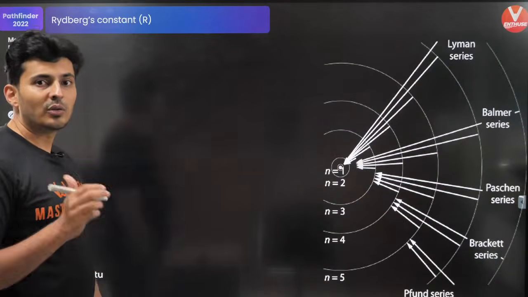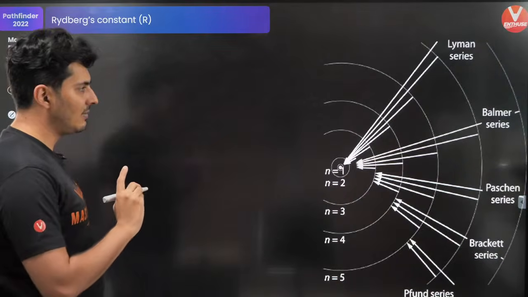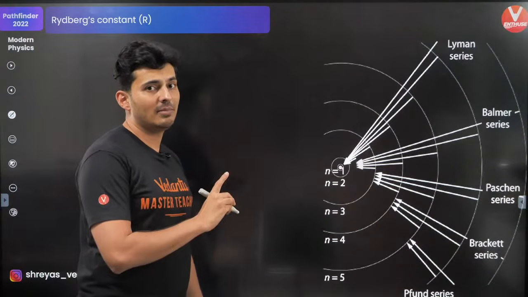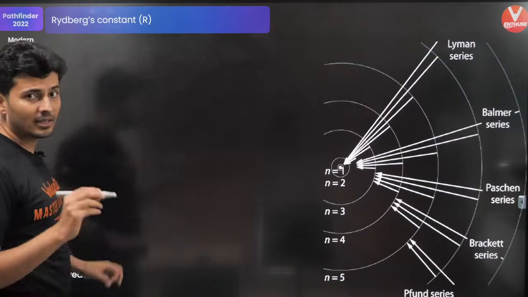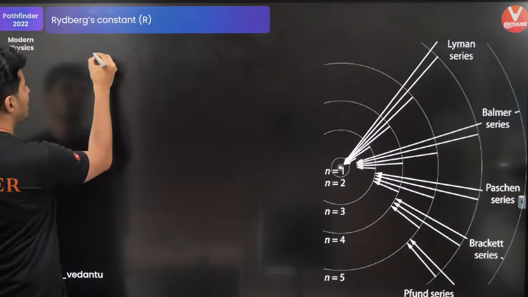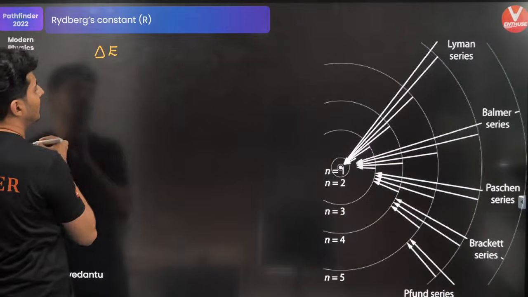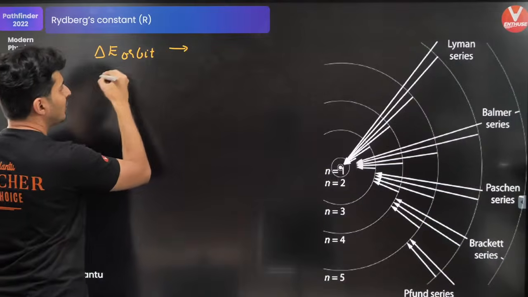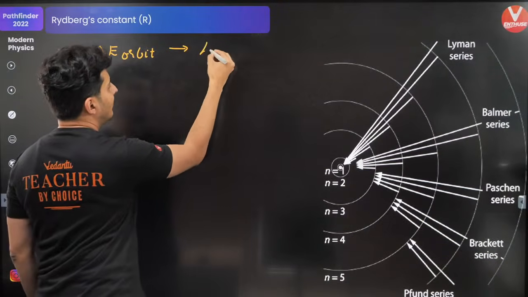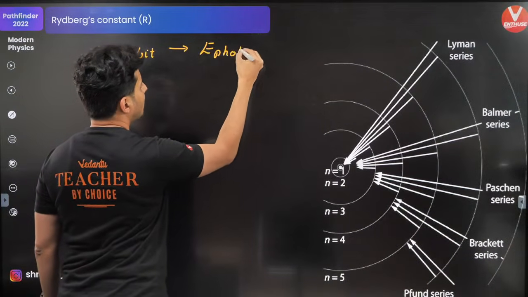Now, in order to find the wavelength of the photon which is emitted because of the change in the orbits, we will use Rydberg's formula. It's very simple. The change in the energy of the orbits, when it goes from high to low, gives rise to the energy of that photon.